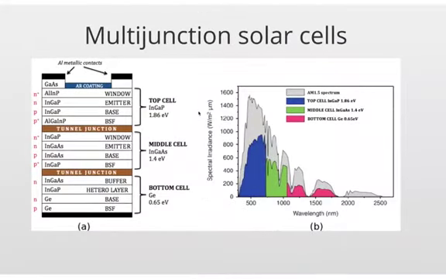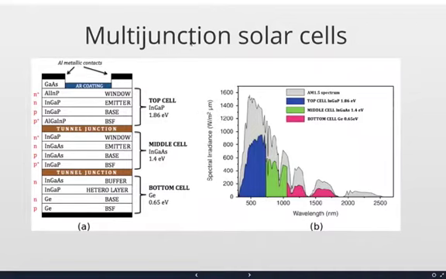Okay. The most common approach to minimize this loss is to use what's called a multi-junction solar cell. All that means is, instead of using a single junction, you use multiple materials on top of each other. You have a bottom solar cell made of germanium, which has a small band gap, a middle solar cell made of indium gallium arsenide, which has a middle band gap, and a top solar cell in this example made out of indium gallium phosphide, which has a high band gap.